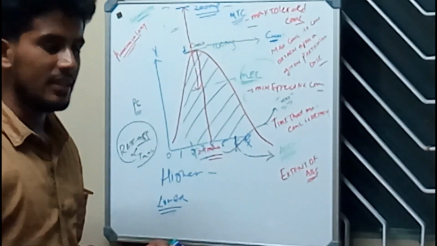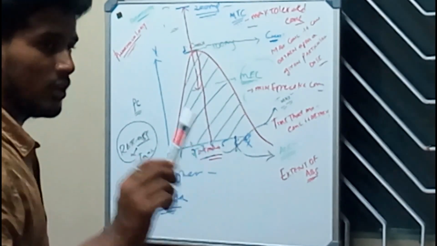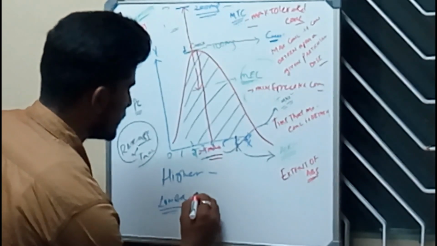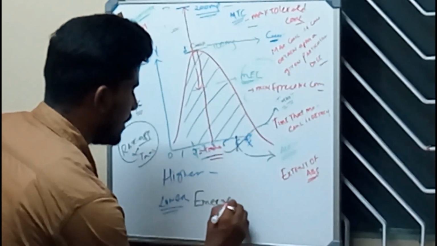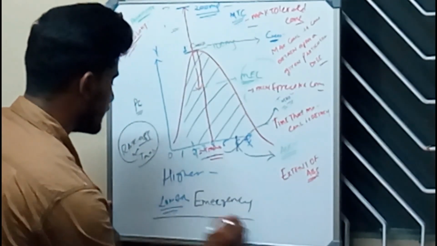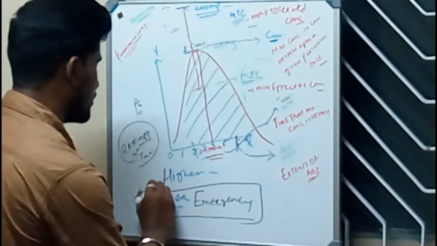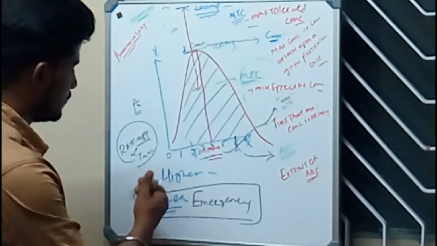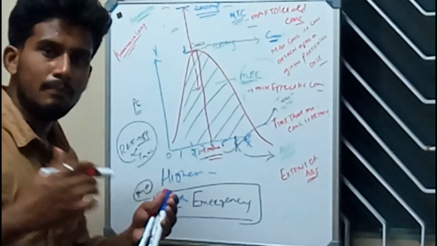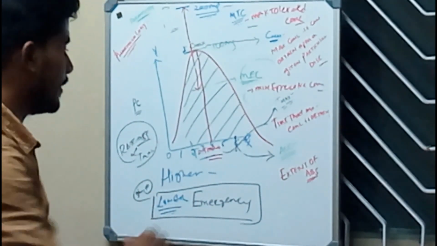So that's why in emergency cases, the lower Tmax drug should be given. Understood? Means the rate of absorption completely depends upon the Tmax.